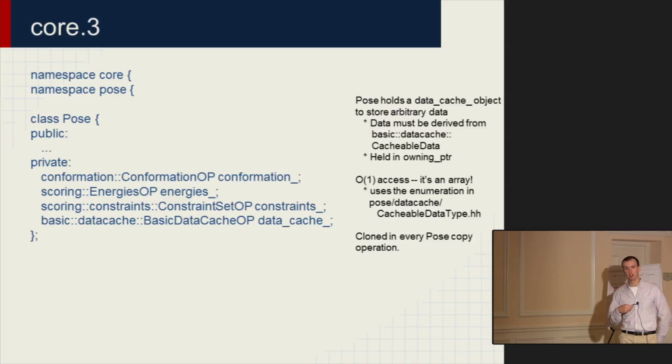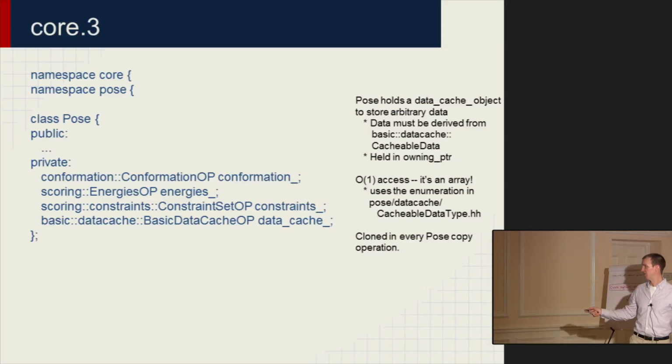The hydrogen bond evaluation machinery uses the data cache this way, so it records information about the number of neighbors for each position and whether there are existing hydrogen bonds. I'm not going to get into the fine-grained details, but in any case, the hydrogen bond energy needs to get data out of the data cache every time you evaluate the residue pair information for a pair of residues that are interacting.